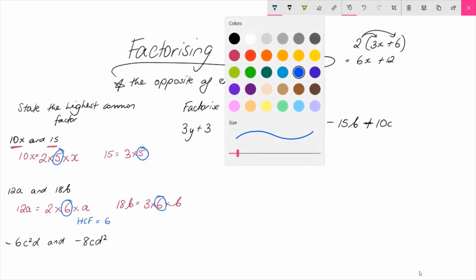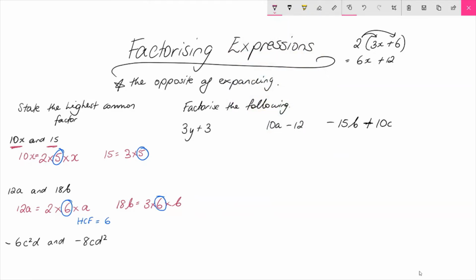Now this last one's going to be a little bit tricky. We've got to remember that when we have a term, the term includes the coefficients, it includes the pronumerals, and it also includes the sign. So here we have a negative multiplied with the 6, which then multiplies with the c and the d.